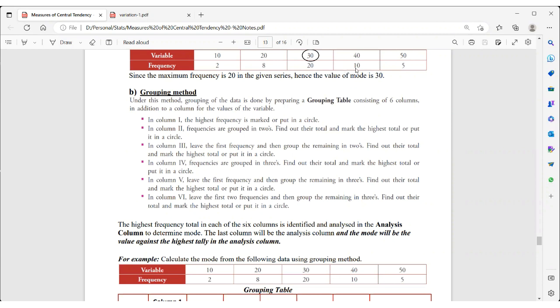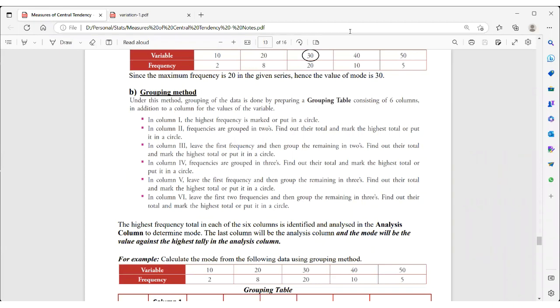Let me assume this number is not 10 but something like 18, and the other number is not 5 but around 15. That means the frequencies are like this: 20, 18, and 15.